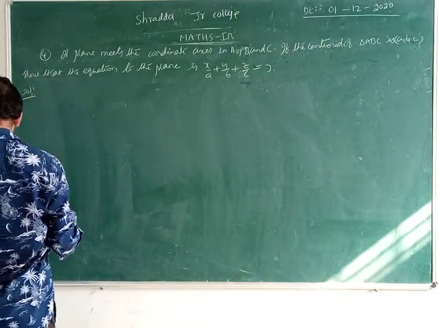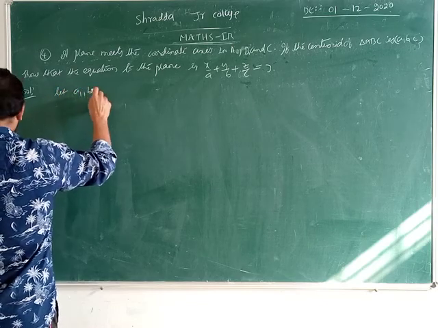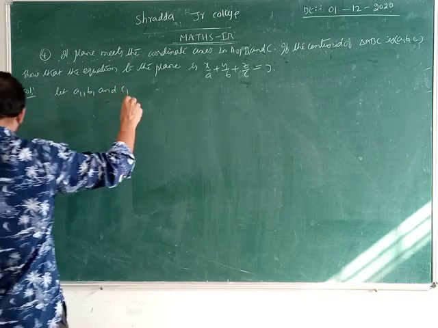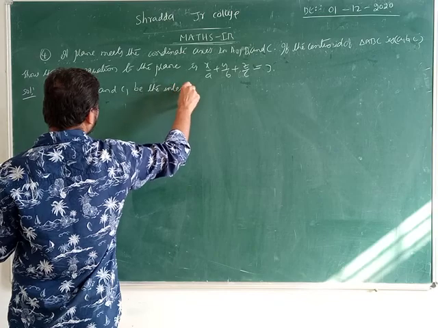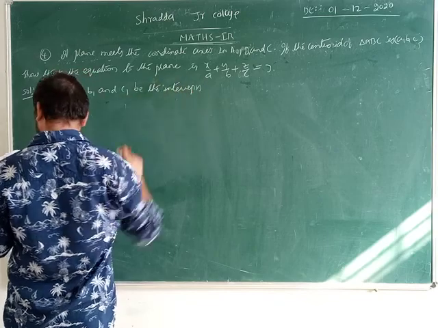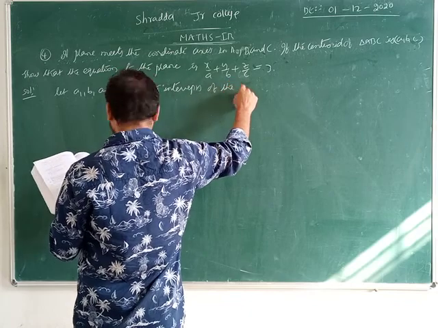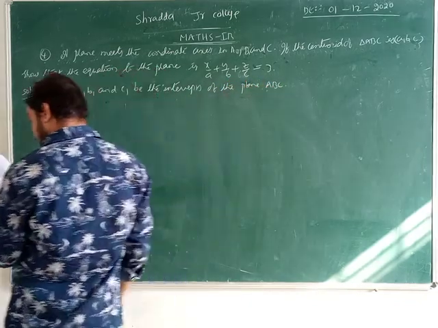See the solution. Let a1 comma b1 and c1 be the intercepts of the plane ABC.